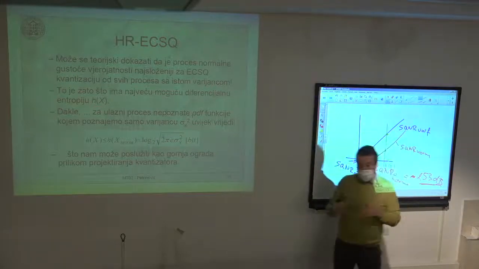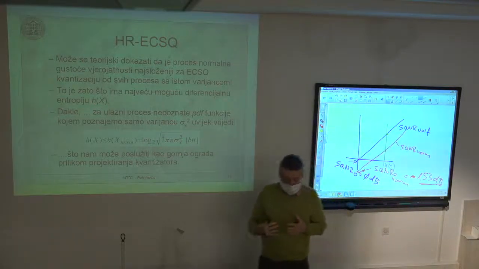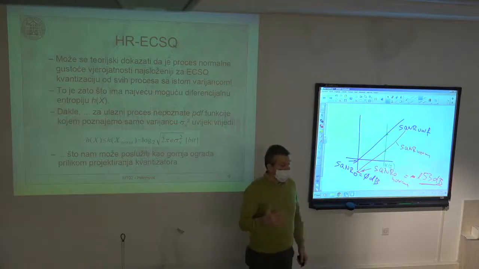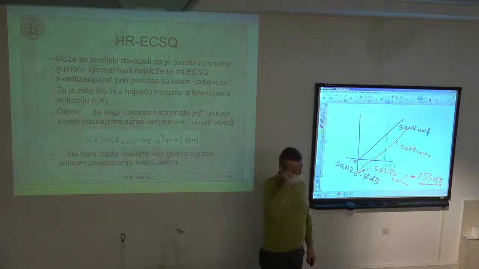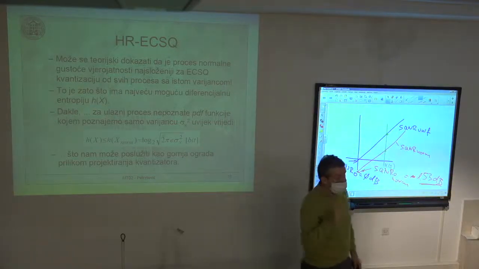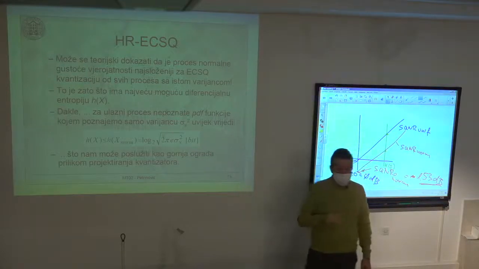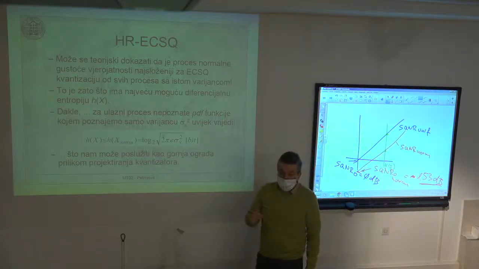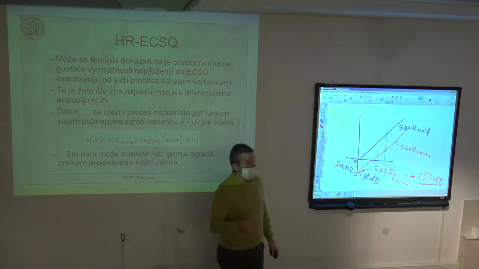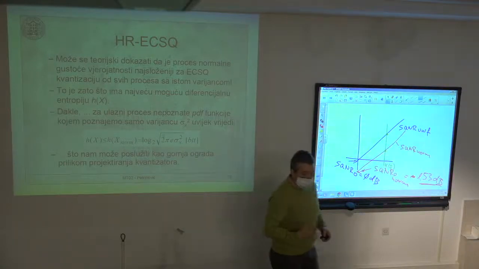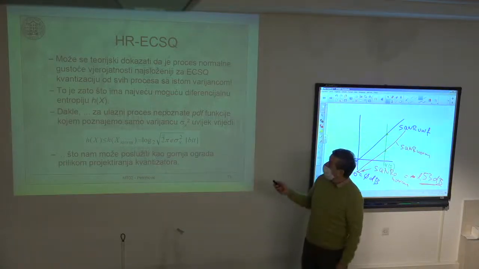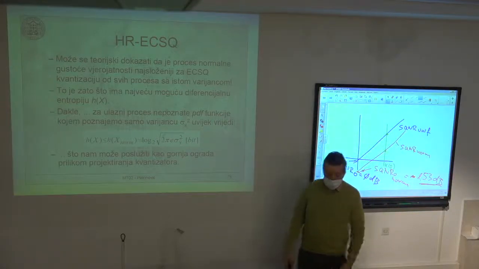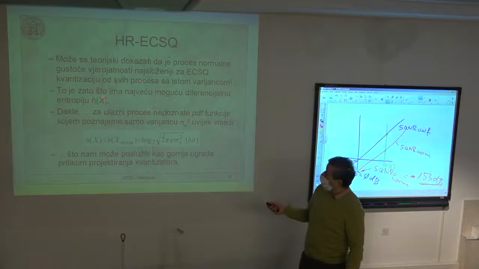So if you would compare all different processes that have the same variance, you would find out that the normally distributed process has the largest differential entropy of all processes sharing the same variance. So for that reason, the normally distributed process is the most complicated or the toughest signal to quantize.